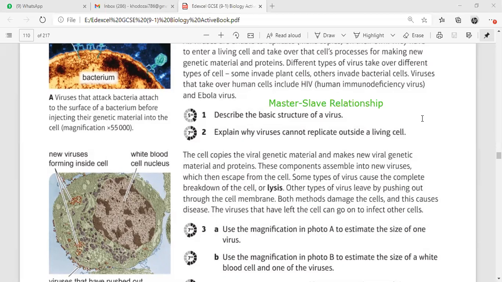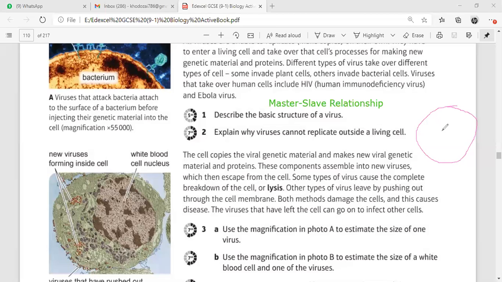One more important thing. For example, this is a cell. A virus is made up of how many things? Two things. What are those two things? The genetic material and the capsid.